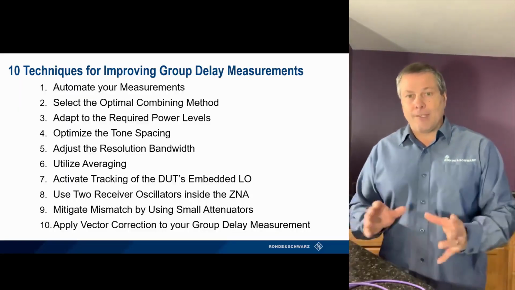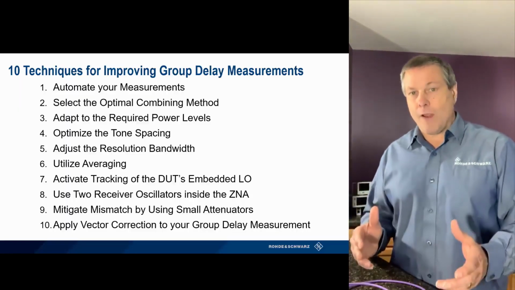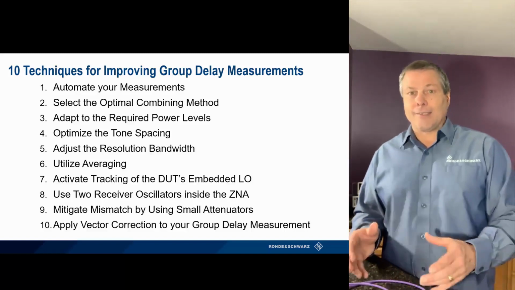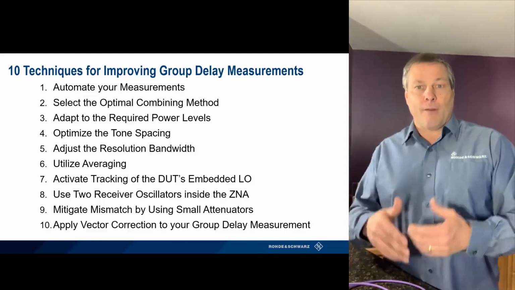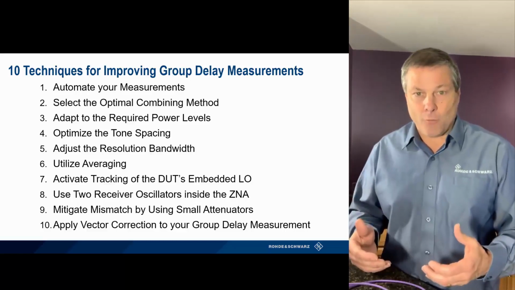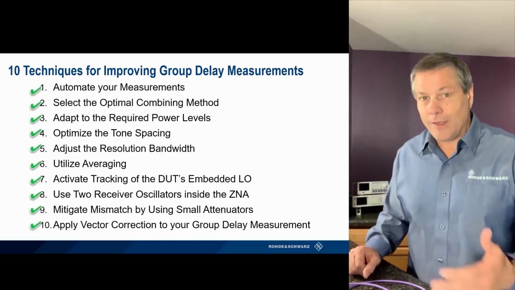Now, as I said, I have 10 ideas for making this measurement more accurate, and each idea has a dedicated video where I go through how I optimize the parameter and what the effects are as we make the improvements. This is the summary video. I'm at the end.